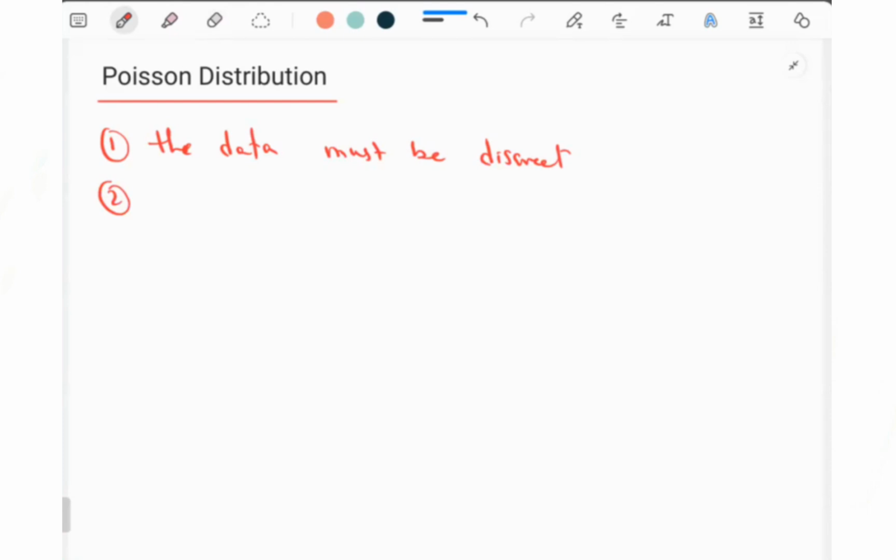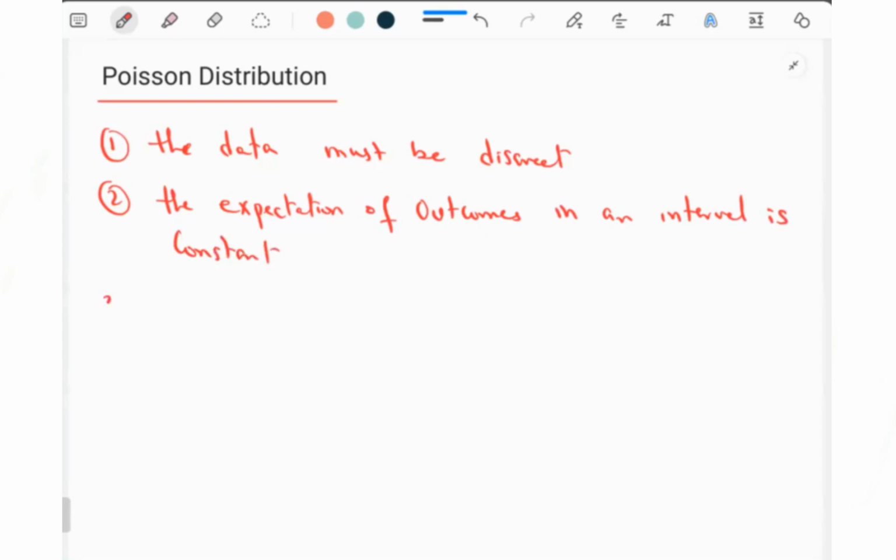Number two, the expectation of outcomes in an interval is constant. And number three, mean is equal to variance.